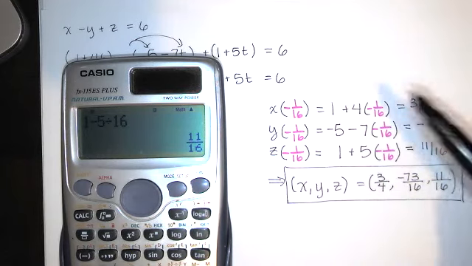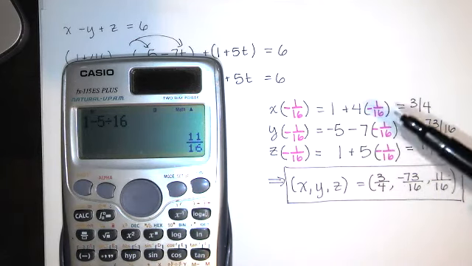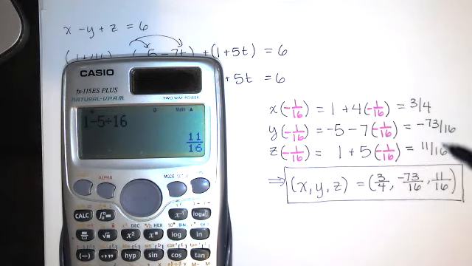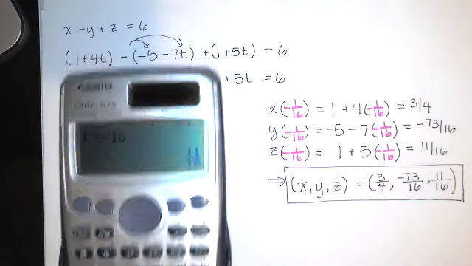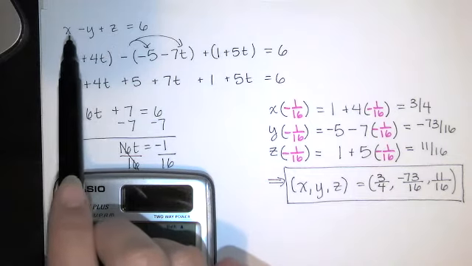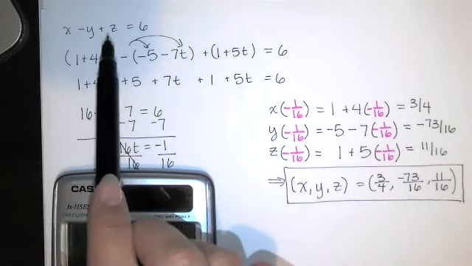Now we know, provided our parametric equations are correct, that these three coordinates satisfy the parametric equations of the line. Let's just check and make sure they also satisfy the equation of the plane. I should be able to take x, subtract y, and add z and get 6.